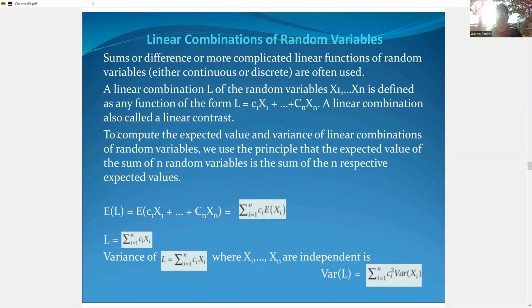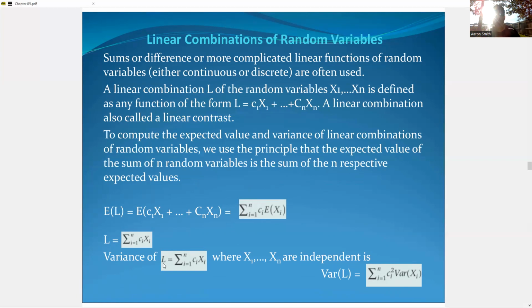To compute the expected value and variance of a linear combination of random variables, we use the principle that the expected value of the sum of n random variables is the sum of the n respective expected values. So the expected value of the sum is the sum of the expected values. And that is what's being represented in here.